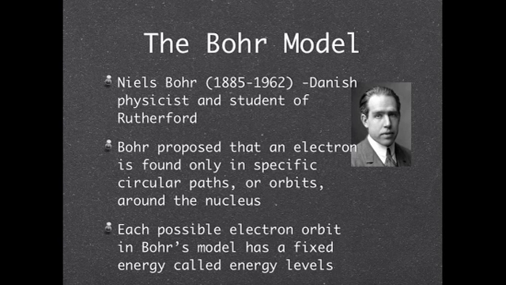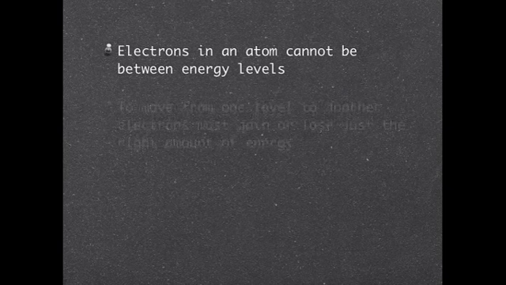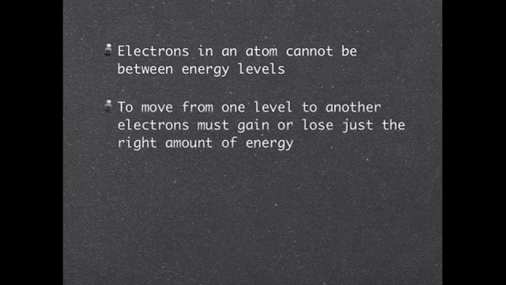Kind of think of it like if you're on a ladder, you can be on the first rung or the second rung or the third rung, but you can't be in between. So that's what he's talking about at this time. So it can't be between levels. And they can move from one level to the other. And in order to do that, they have to gain or lose just the right amount of energy.